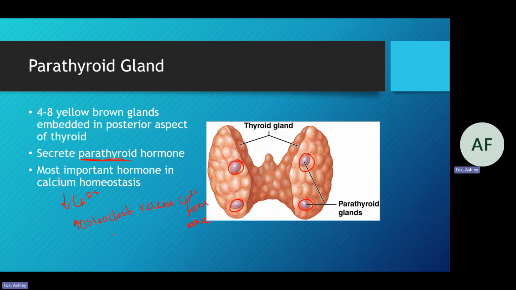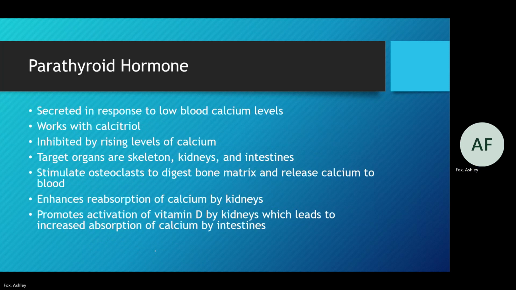You're going to decrease it in urine. So you want to maintain and reabsorb your calcium. And you're increasing your intestinal absorption with the help of vitamin D. So again, it works with calcitriol, which is the activated form of vitamin D that happens in the kidneys.